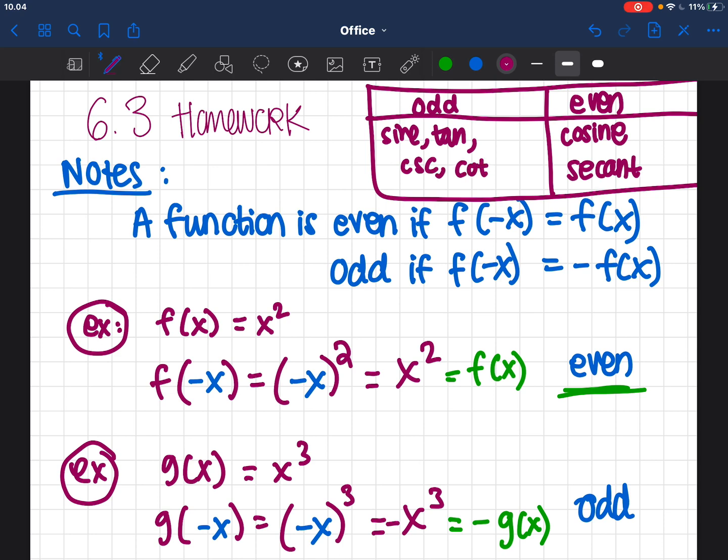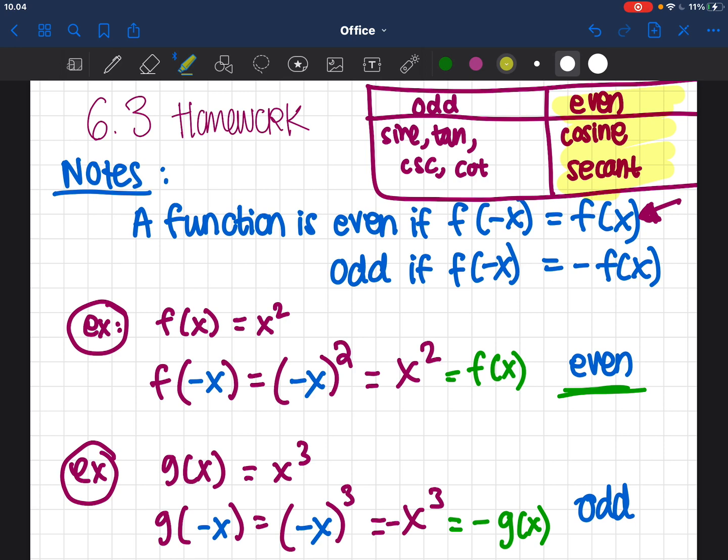In other words, the only functions where, if I plug in a negative number, I still get a positive are cosine and secant. So I would just memorize this. You don't have to memorize it, you can just plug in cosine of negative pi, right?